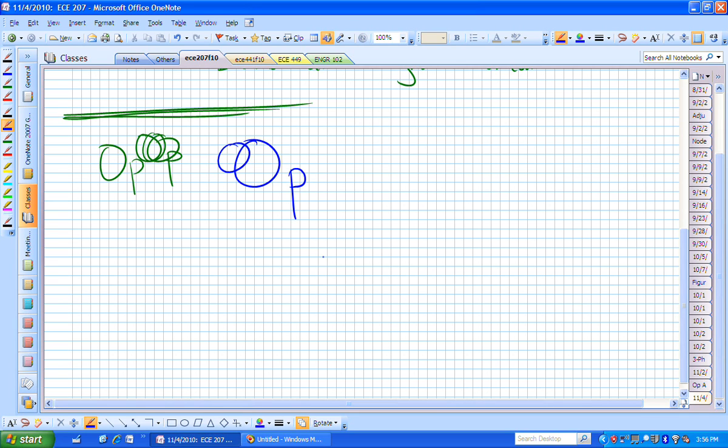This is now minus R sub f I sub 1. But what else do we know? We also know what I sub 1 is in terms of V sub n and R sub i, right here. We just derived that from our input loop KVL.